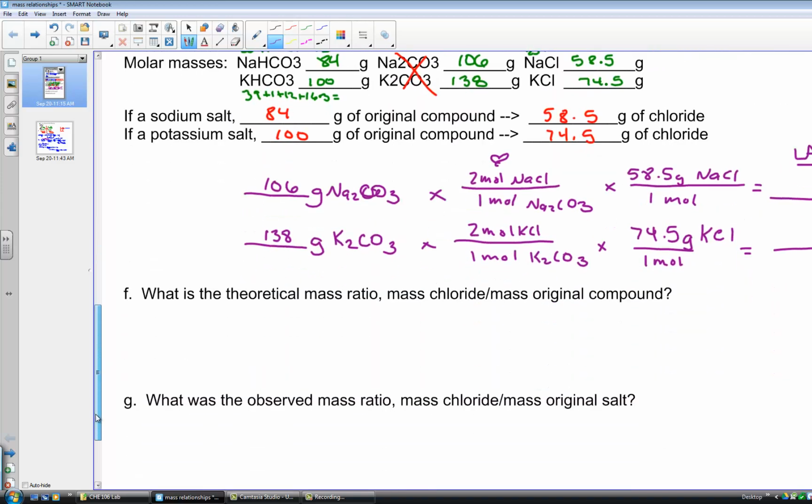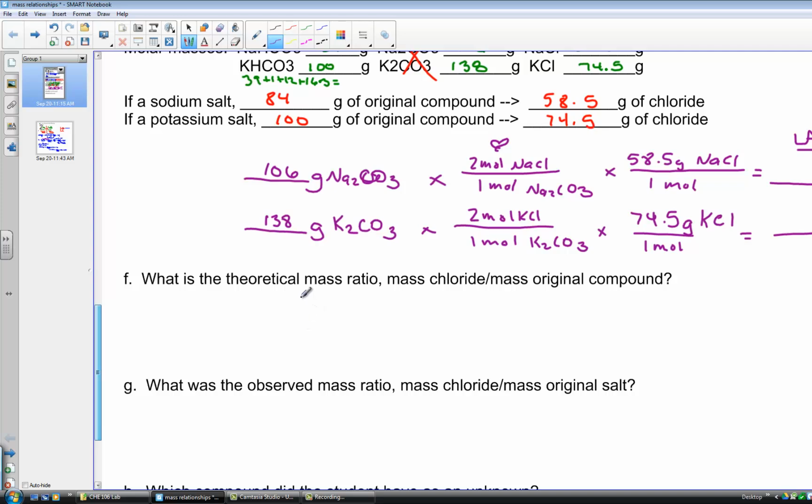Hope that clarifies. What is the theoretical mass ratio, mass of chloride to mass of the original compound? Alrighty. So the mass ratio, thinking about part over whole to find that.